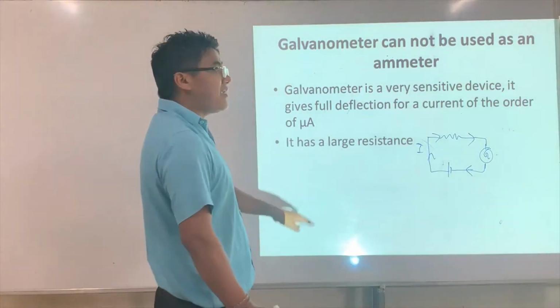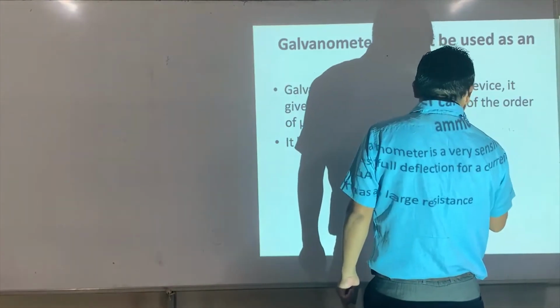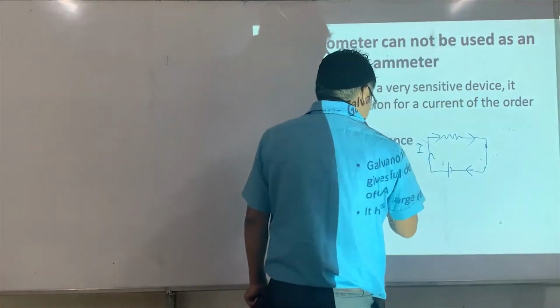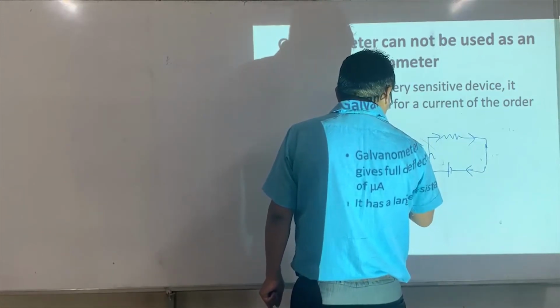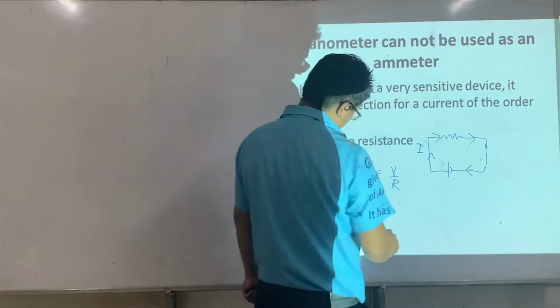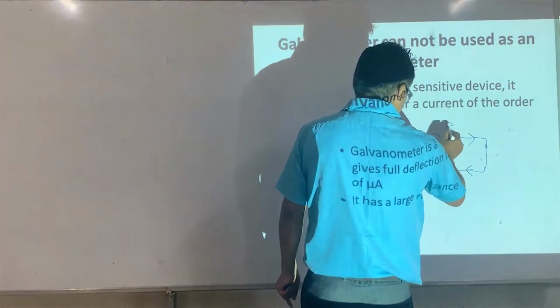Before I connect the galvanometer, the current is equal to V by R. This is the resistance of this wire.